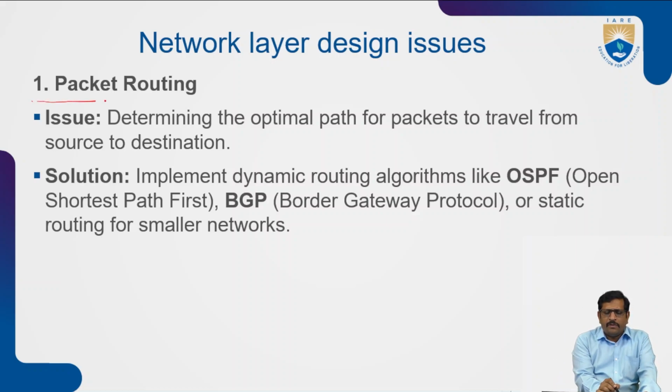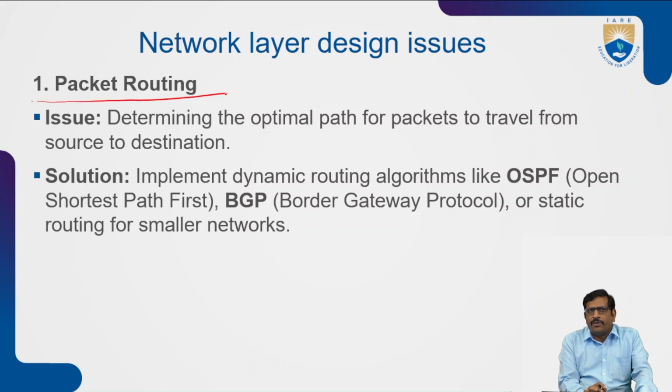Packet routing means packet delivery from the source machine to the destination machine. In between the source machine and the destination machine, a number of routers are arranged, and among them we need to find the shortest path, that is, the optimal path.